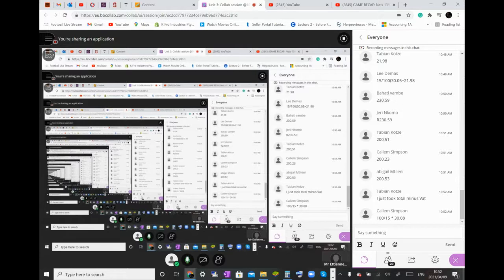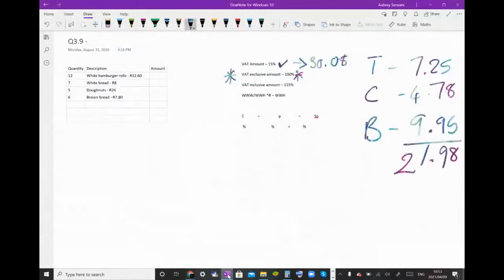You just took the total minus the VAT. But then we also have the zero rated total as well. So you could have just taken the amount off the slip, but sometimes they might ask this type of question without actually giving you the slip.